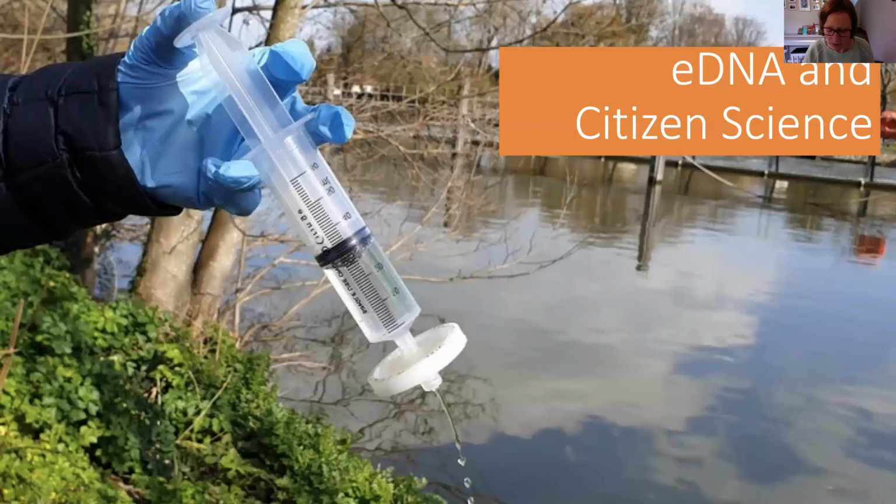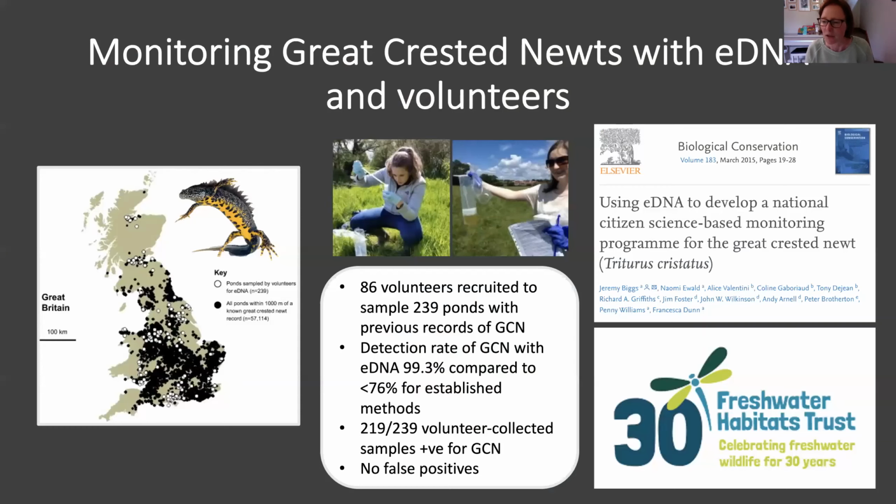So talking more about citizen science, the absolute flagship study in eDNA was actually carried out on citizen science, 2015, which was very, very early on in the days of eDNA. A study was carried out, led by the Freshwater Habitats Trust in the UK, to see whether their volunteers could collect samples that would give accurate records of great crested newts. So they managed to recruit 86 volunteers who went out to sample water from 239 ponds across the country.